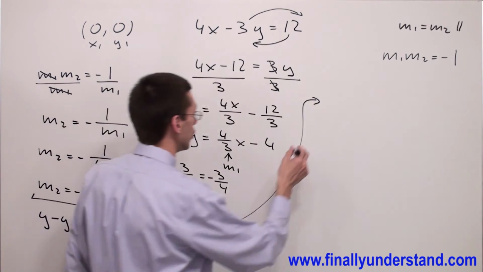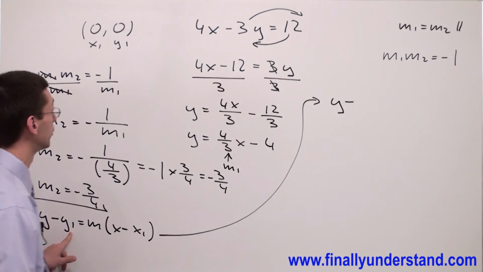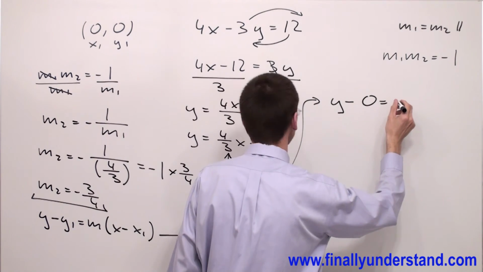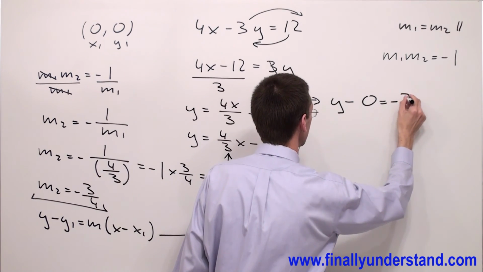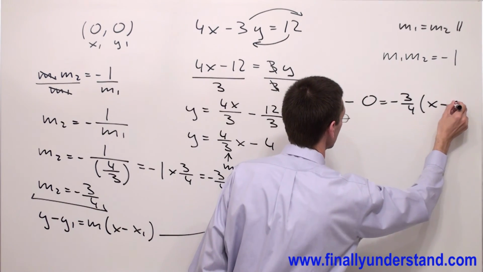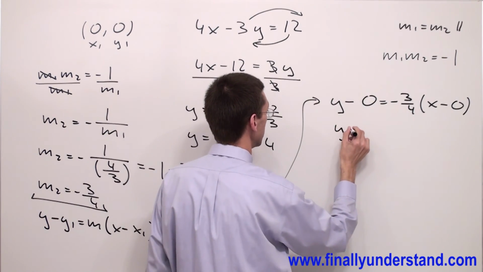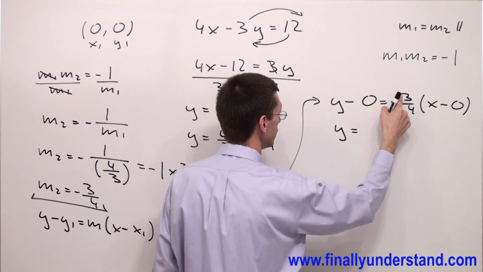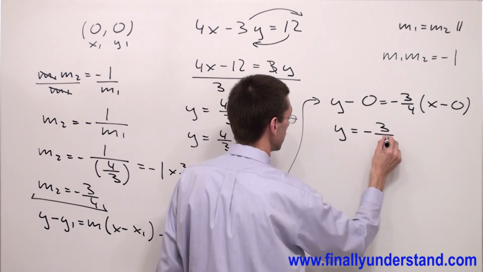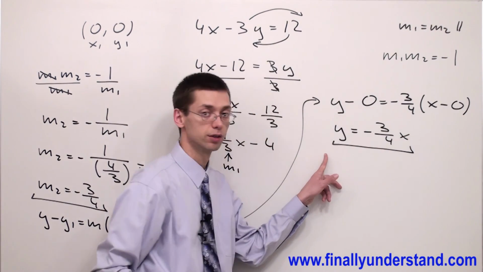So I have y minus 0 is equal to, m is negative 3/4, times x minus 0. y minus 0 is y, equals negative 3/4 times x, which is negative 3/4 x. And this is the solution to my problem.